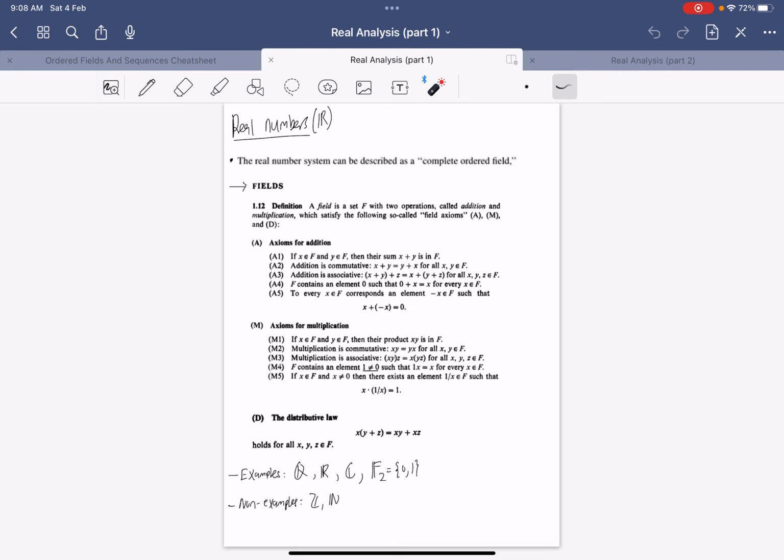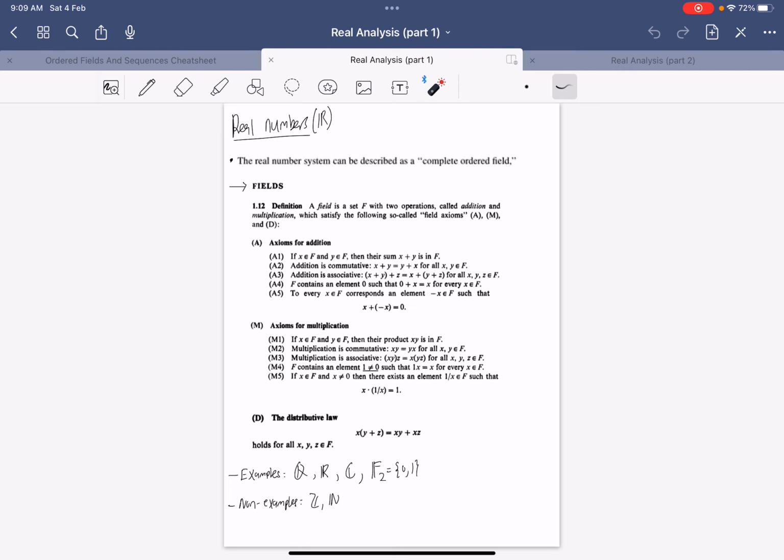You just need to remember that a general field has this addition and multiplication as well, and they satisfy these axioms that are actually what we already know to be true for the real number system that we have done in any calculus course or anything before that.